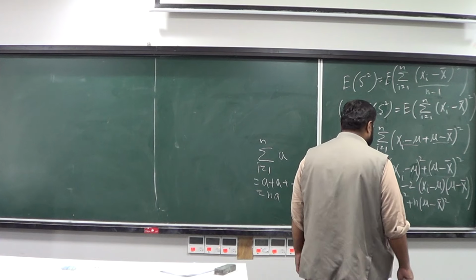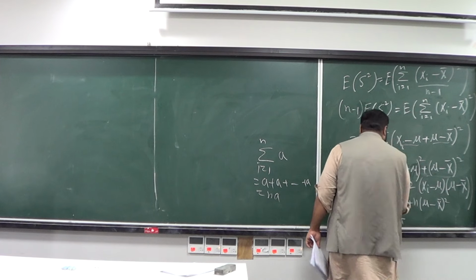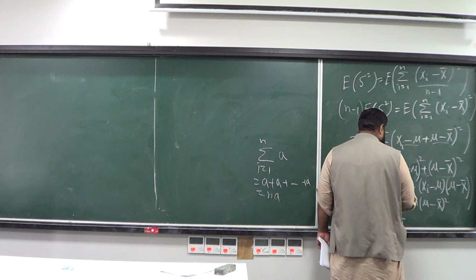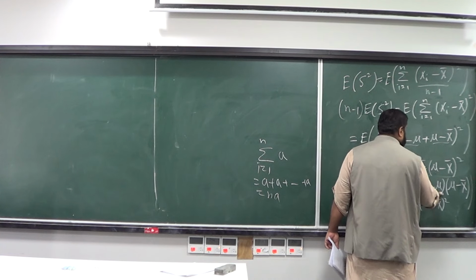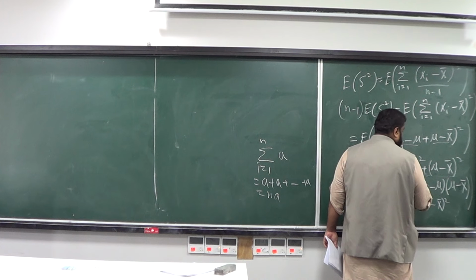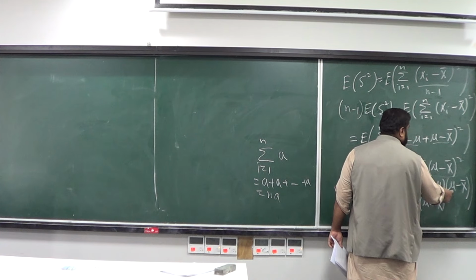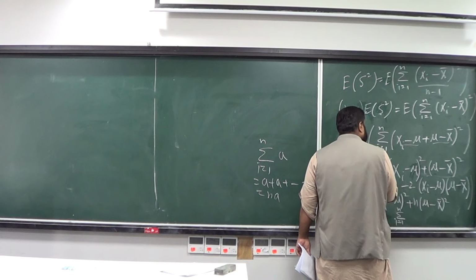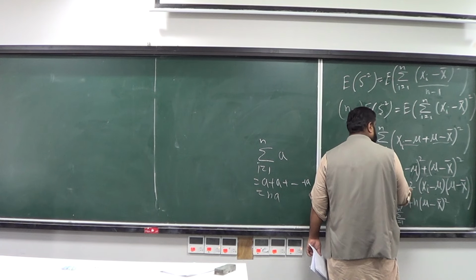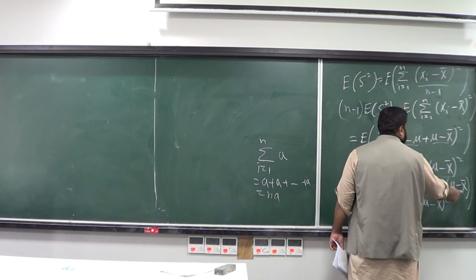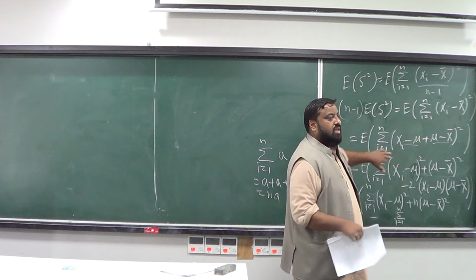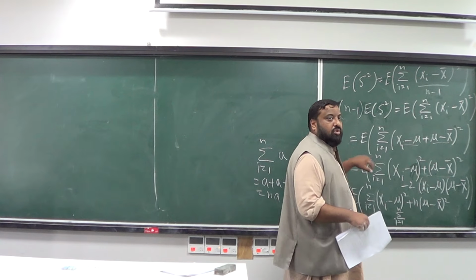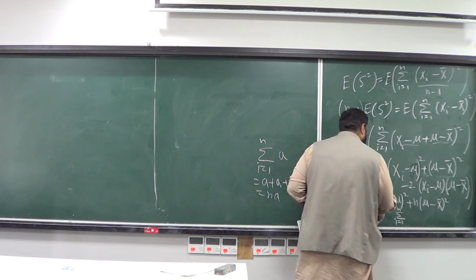But if you look carefully at this quantity, only this term involves the index, while these two terms do not. So if I take this sum and put it here, then in that sum, 2 and (mu minus x bar) appear in all terms, so you can take them common, you can pull them out by the distributive law.